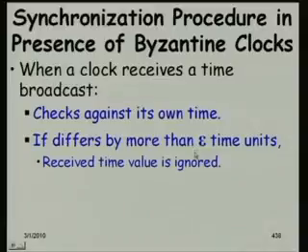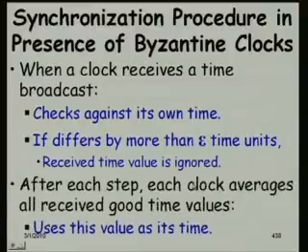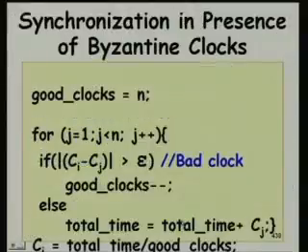So, if it has drifted more than epsilon, the clock is bad, and the time value is ignored. But this does not eliminate the Byzantine clocks, right? It only eliminates the bad clocks, and each clock averages the good time values and uses this as the time value.